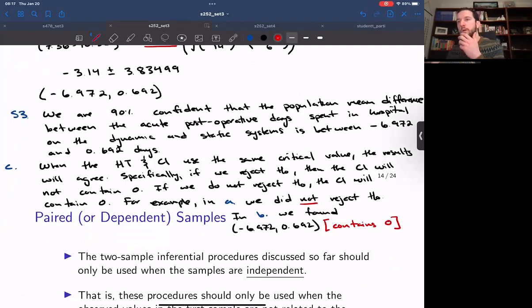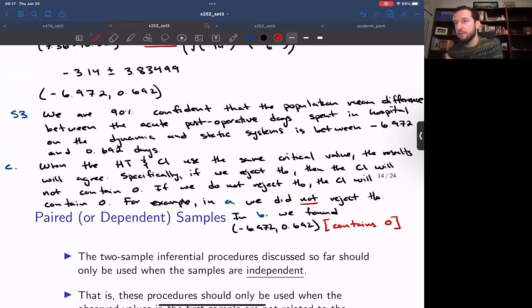So we can basically infer the result of one inferential procedure from the other. When we run a hypothesis test, if we reject the null hypothesis and then construct a confidence interval using the same critical value, that interval will not contain 0. Vice versa, if we run a hypothesis test and we do not reject the null hypothesis, and then construct a confidence interval using the same critical value, it will contain 0.